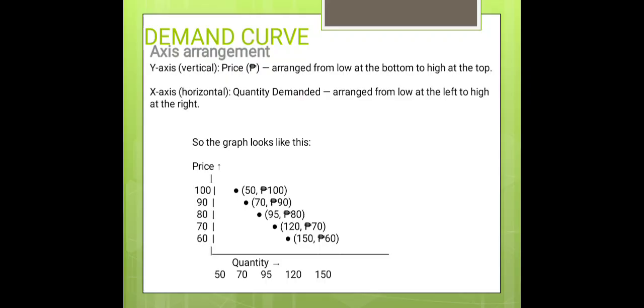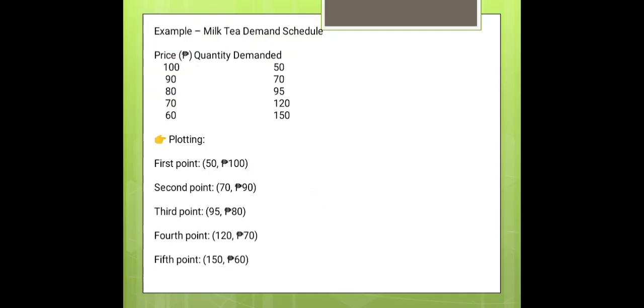For the quantity demanded, as is pa din siya from 50, 70, 95, 120, and 150. So meaning to say you have to arrange it in accordance to its level from 50 to 150 na quantity demanded.